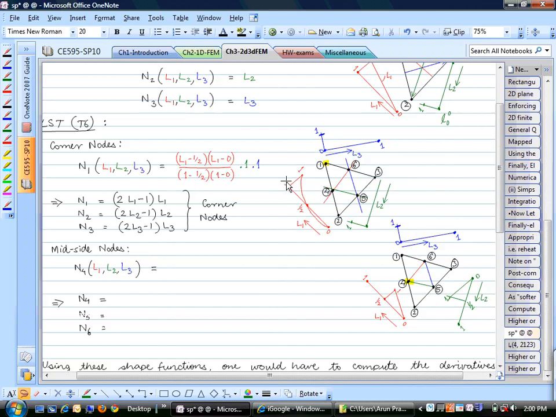And you can take a hint from this formula. This is the formula for the Lagrange function in L1, which is a quadratic here, but it will be linear in L1 and L2. And the L2 direction is 1, L3 direction is 1. So that's why we have this Lagrange function in L1, quadratic, times 1 times 1.